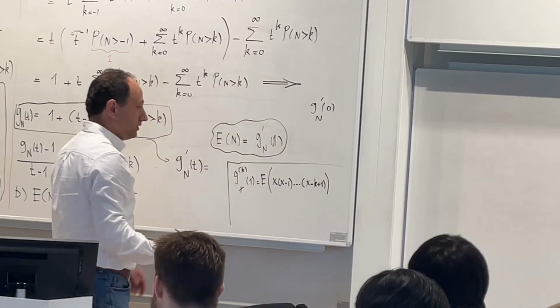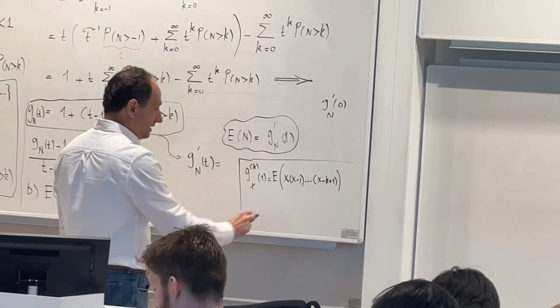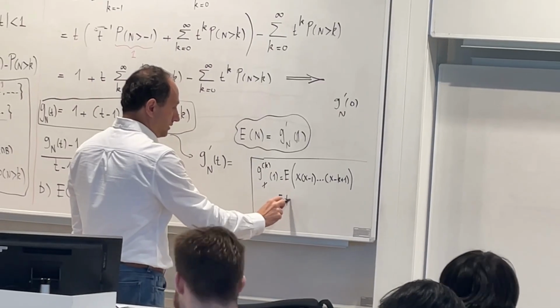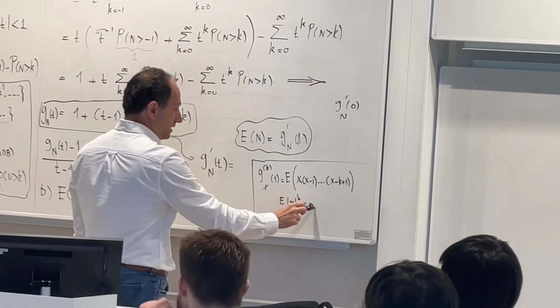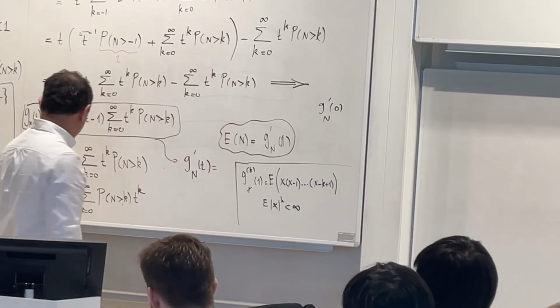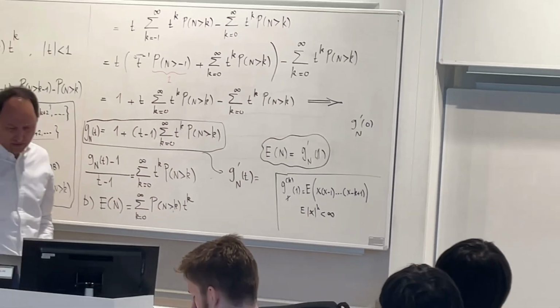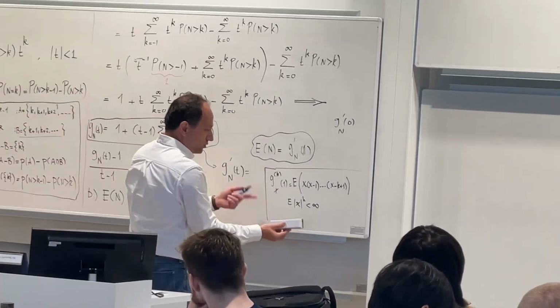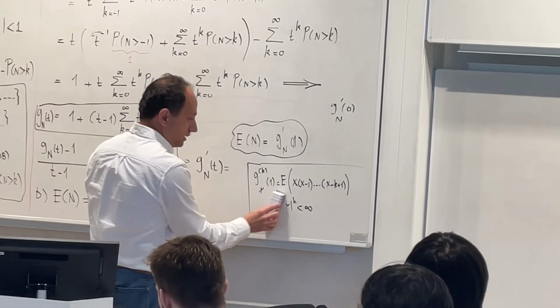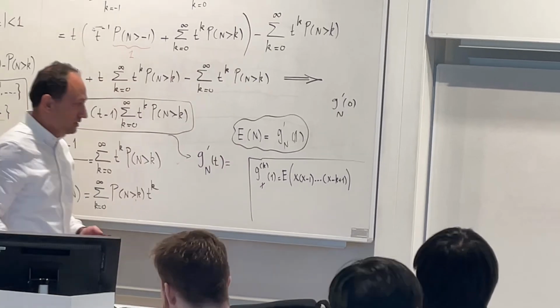Of course, on the condition that these things are finite, they are less than infinity. So look up the criterion. There are some reasons that, of course, you want to have the series converge. Technically speaking, that is the case.